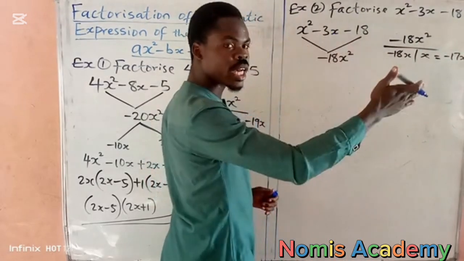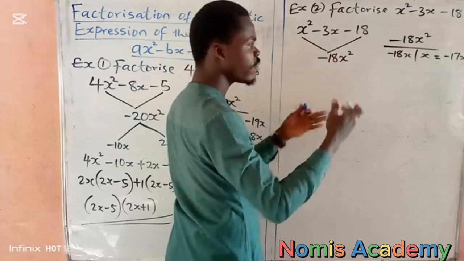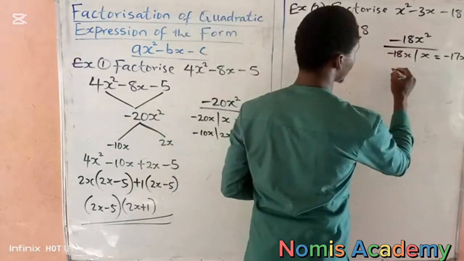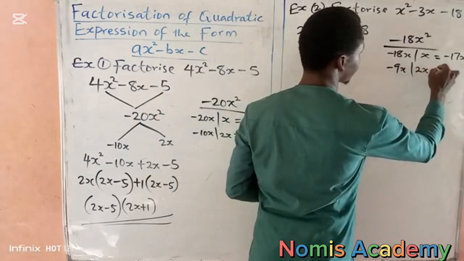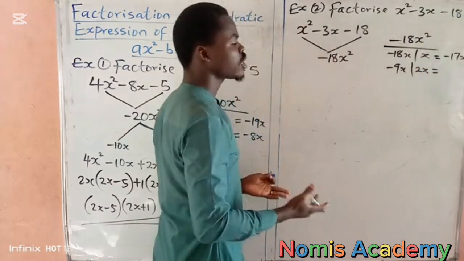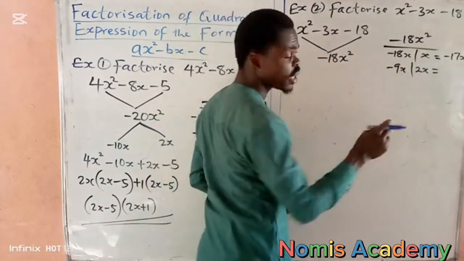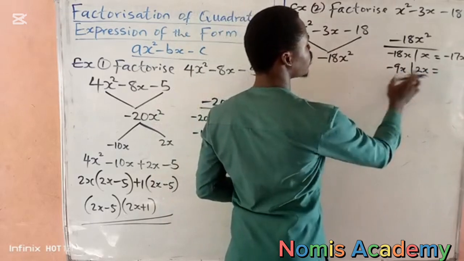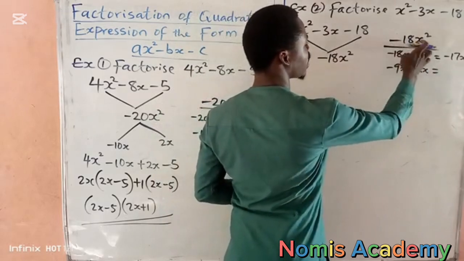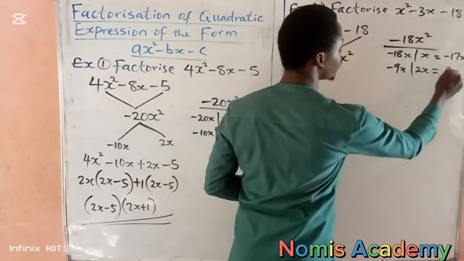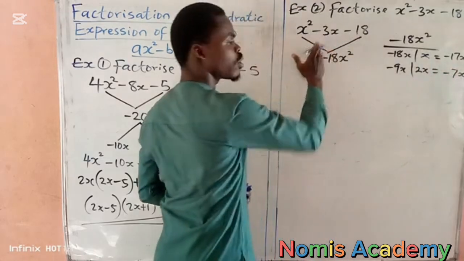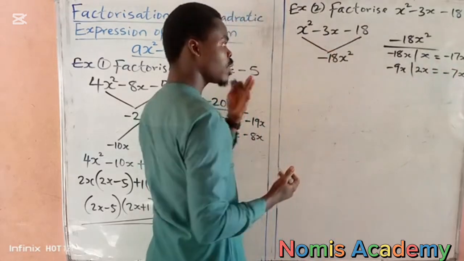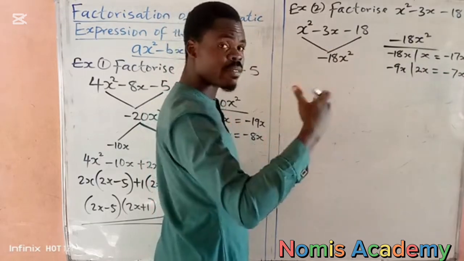So we go further to check for other factors. We have minus 9x and 2x. Now remember the product will give us minus 18x squared, and then the sum will be minus 7x. Still different from what we are looking for. Then we still need to go further to check other factors.